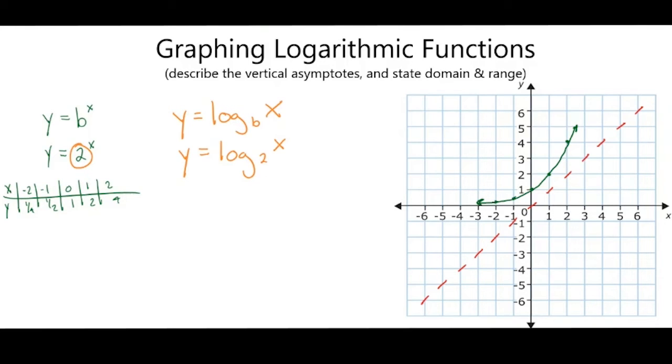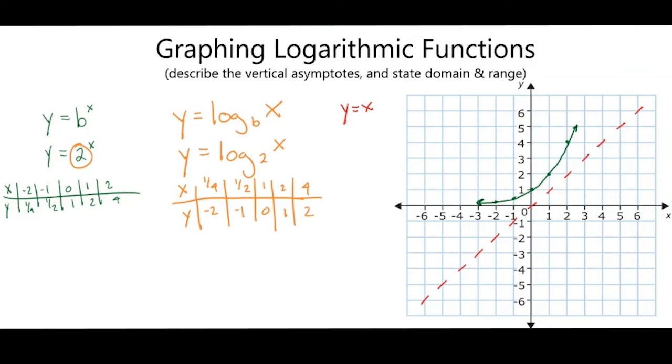And this one is reflected about the line y equals x, which means that all the x values and the y values will swap. So that means x and y will be 1/4, -2, 1/2, -1, 1, 0, 2, 1, and 4, 2.